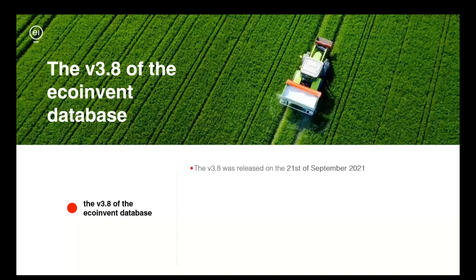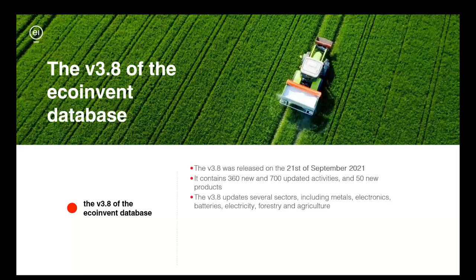Version 3.8 was released to the public on the 21st of September of 2021. It contains, compared to 3.7.1, 360 new activities and updates 700 activities, and it adds 50 new products to the existing database.